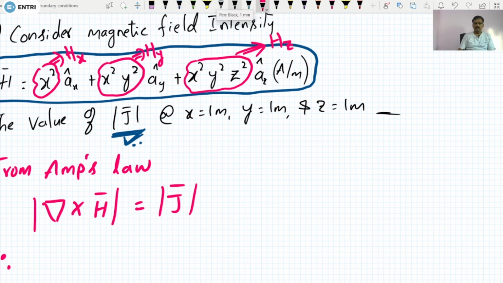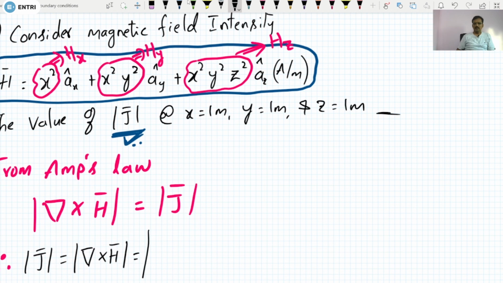Therefore, magnitude of J bar is equivalent to magnitude of what? Magnitude of curl of H bar. Okay, so that is equivalent to magnitude of curl of H bar, and I am expanding curl of H bar. I have already told how to expand this one.